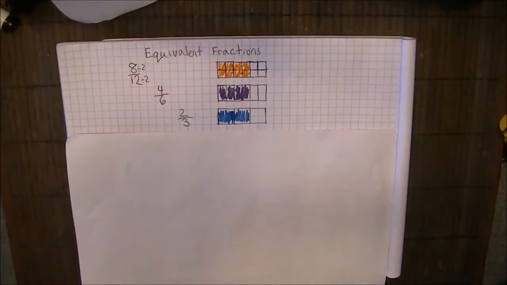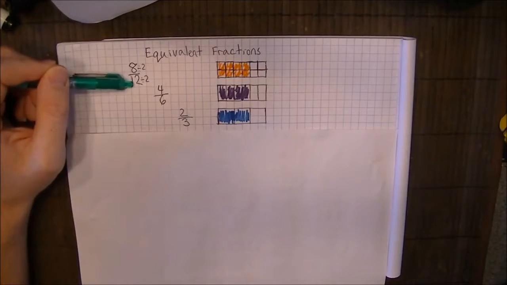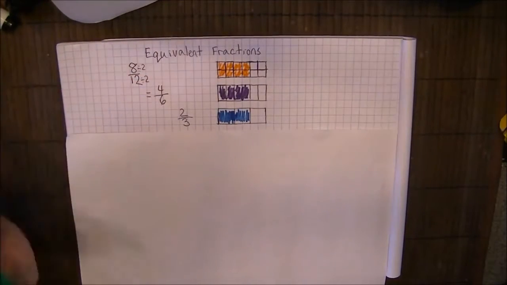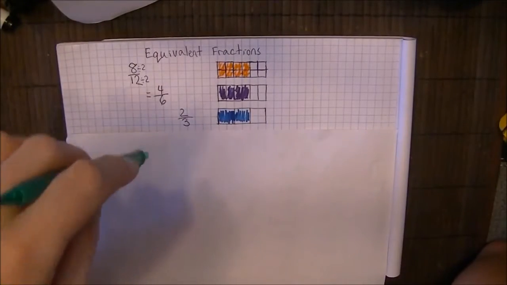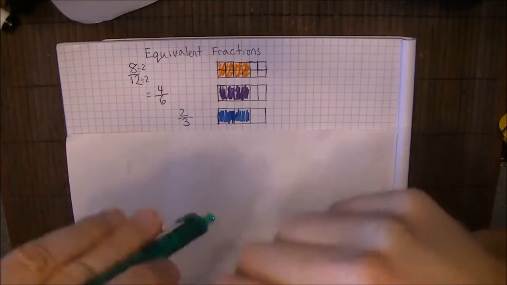And this is a thing that we're always allowed to do with fractions. You can divide your numerator and your denominator by the same number, and you will get, in this case, 4 sixths. And if you divide by the same number, the resulting fraction that you get will be an equivalent fraction.